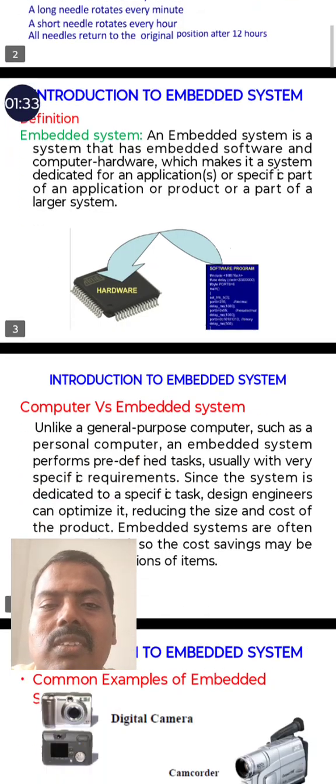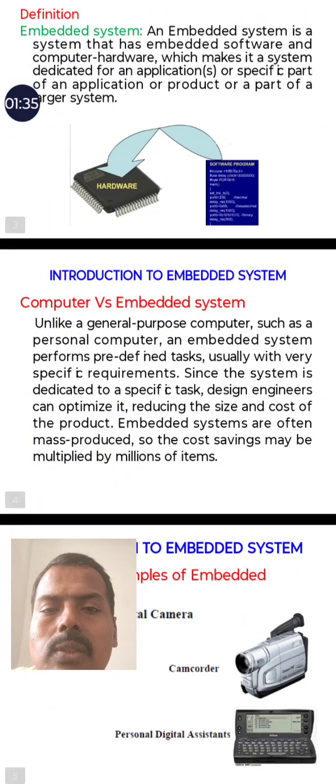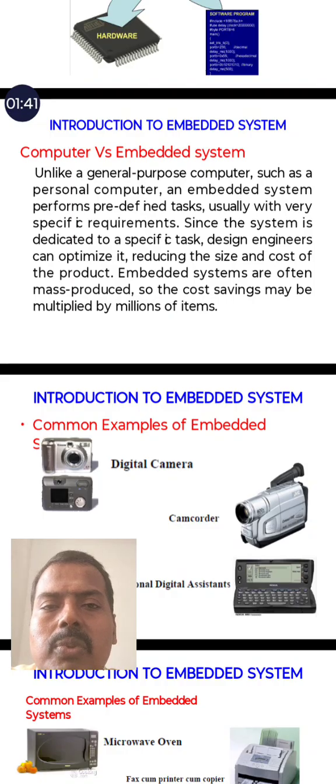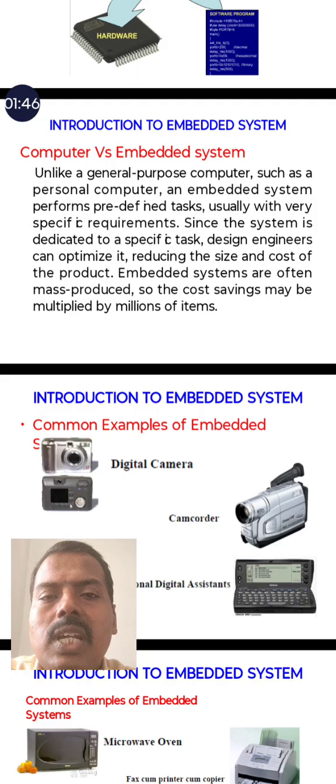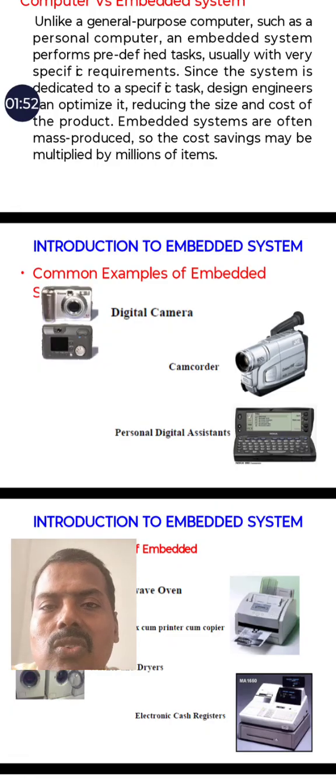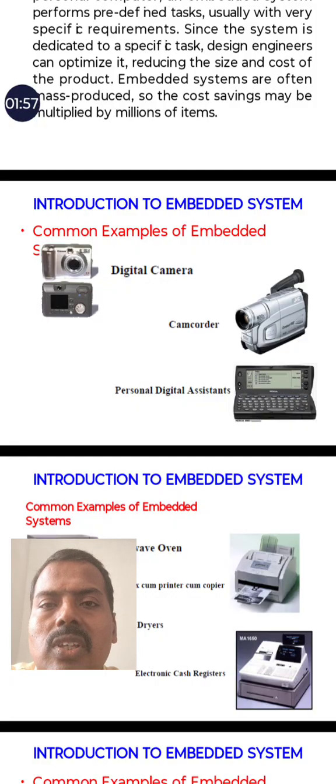It does not require any secondary memory like a computer. Generally, in the comparison between the computer and the embedded system, unlike a general purpose computer such as a personal computer, the embedded system performs a pre-defined task, usually with very specific requirements. Since the system is dedicated to a specific task, it is designed by the engineer and optimized to reduce the size and cost of the product. So it is a cost saving device.